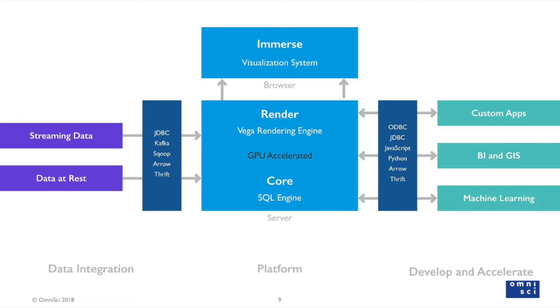So you have the SQL engine and the render engine all basically sitting on the GPU, and then you have a visualization platform, we call it Immerse, and it runs on your browser, and you can get data into OmniSci basically by loading it through the browser.